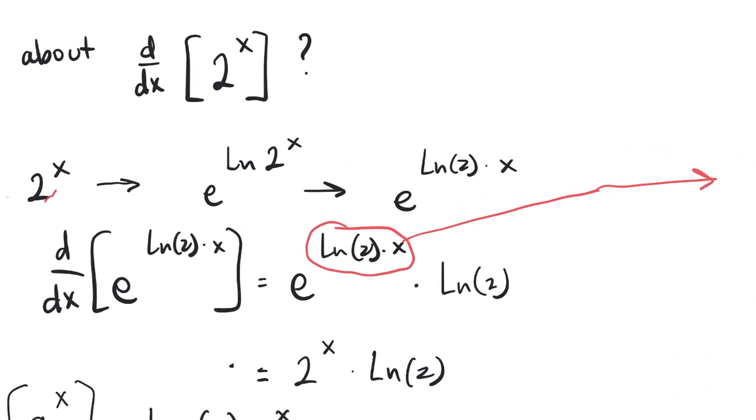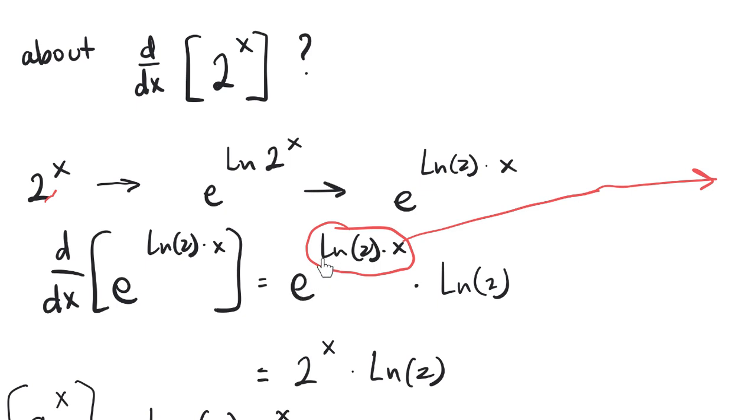Okay? So, again, the derivative of e to the natural log of 2 times x is e to the natural log of 2 times x multiplied by the derivative of this, which is natural log of 2. So long story short, now we're going to recancel.